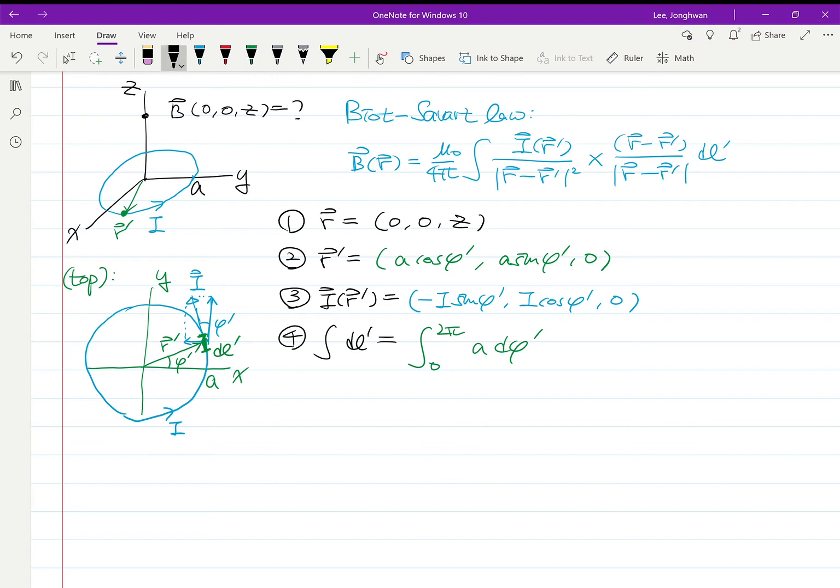There are a lot of r minus r prime, so let's find r minus r prime first. Then we can plug these into the Biot-Savart equation. And r equals (0, 0, z).